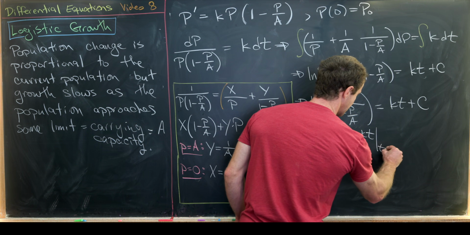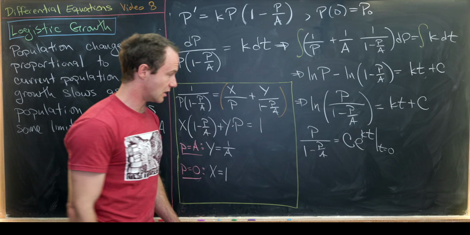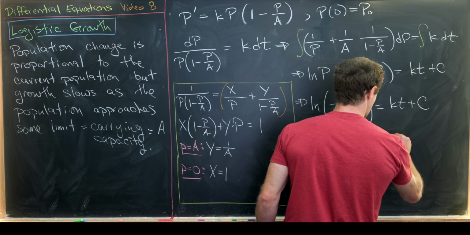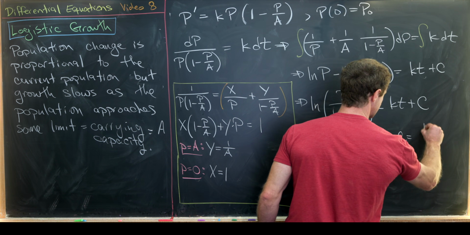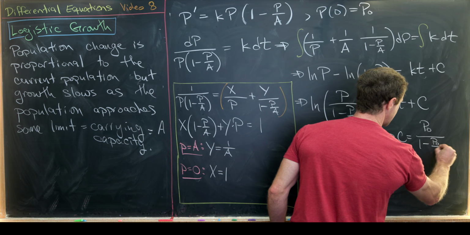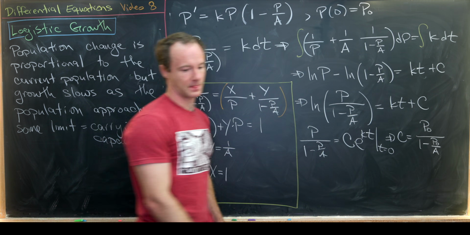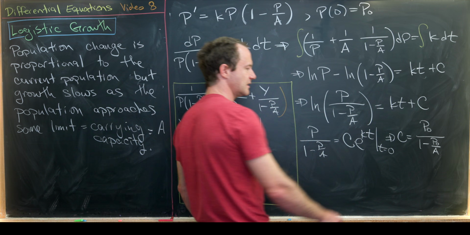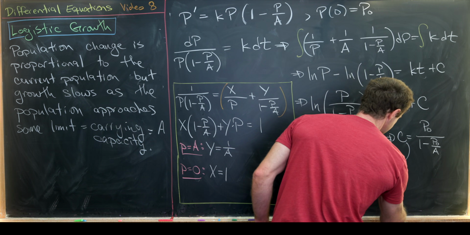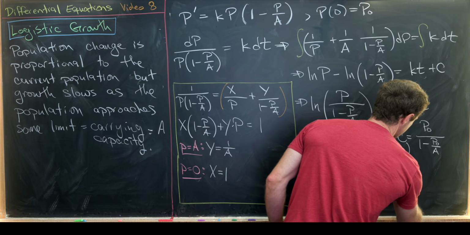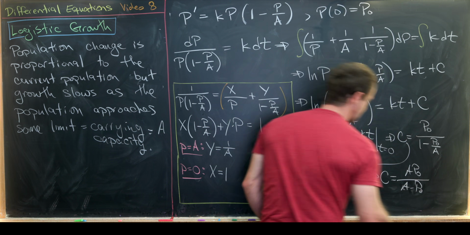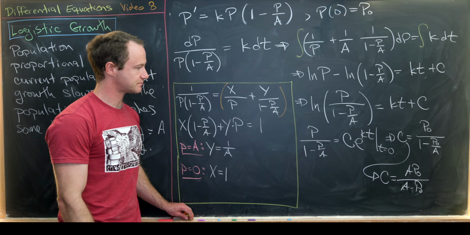So notice plugging in t equals 0 will give us something like this. We have our constant is equal to P naught over 1 minus P naught over A. Okay, nice. And then we could maybe tweak this to make it look a little bit nicer. So our constant equals A times P naught over A minus P naught. So I think that looks a little bit nicer.